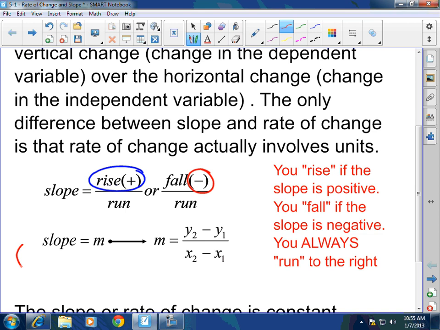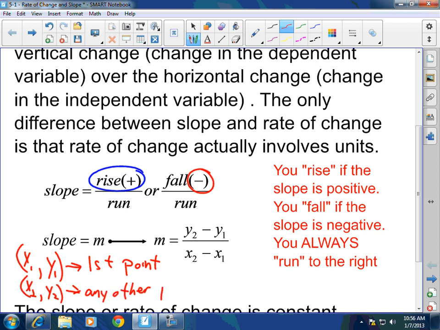Well, my x1 and my y1 is the first point. Any other point to the right of that is x2, y2. x2, comma y2 is any other point on the line.